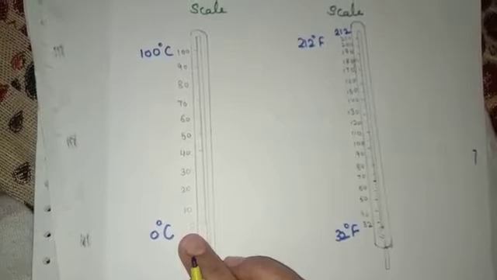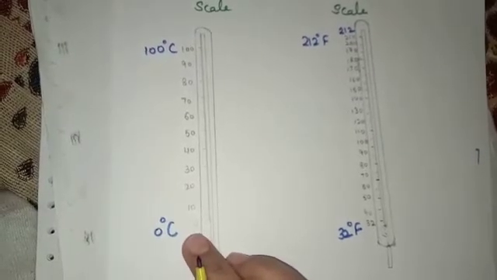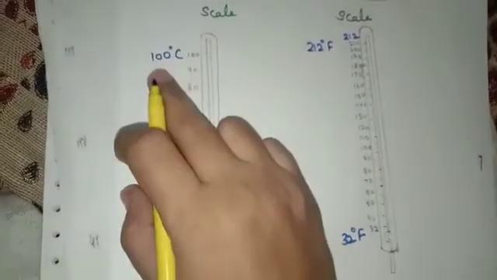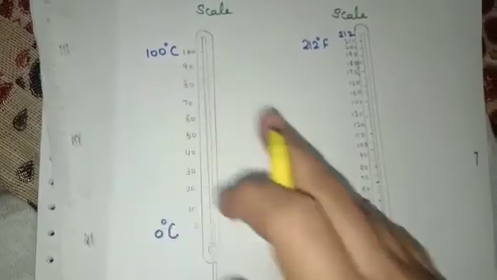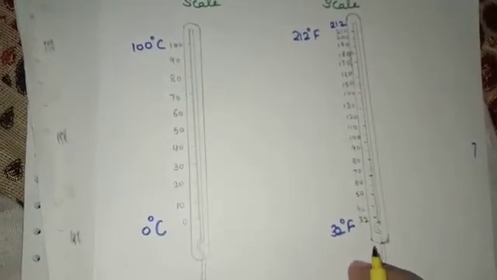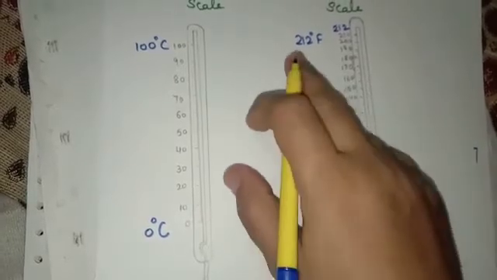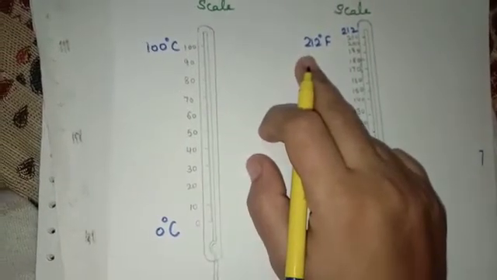The temperature in Celsius scale starts from 0 and goes up to 100 degrees Celsius, and in Fahrenheit scale it starts from 32 degree Fahrenheit and goes to 212 degree Fahrenheit.